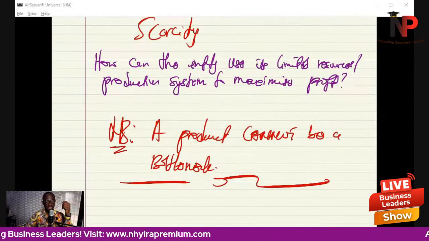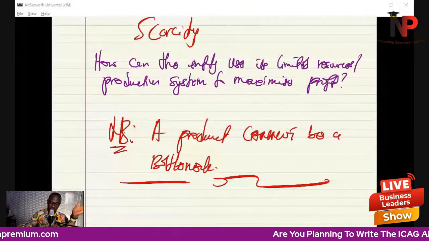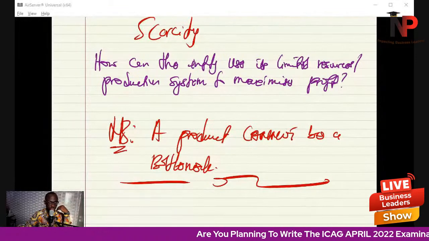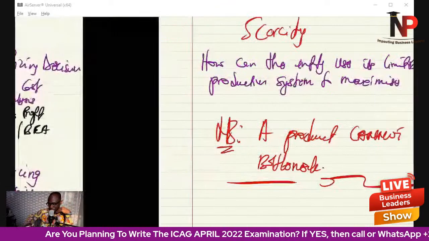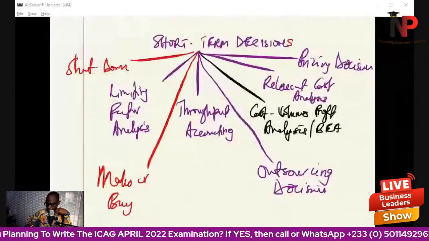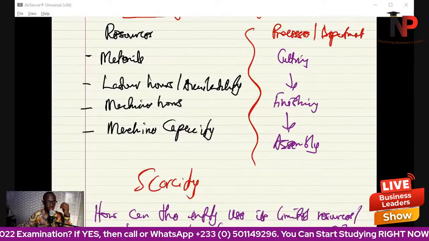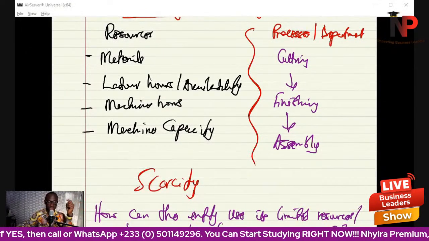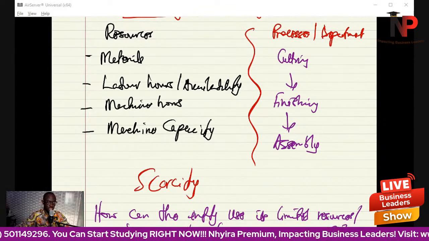The service that the entity is rendering cannot be a limiting factor. It is the resources that the entity is using in order to produce the product that will be a limiting factor, and that can be materials, labor hours or labor availability, machine hours, machine capacity, or the process that we are using at the end of the day.